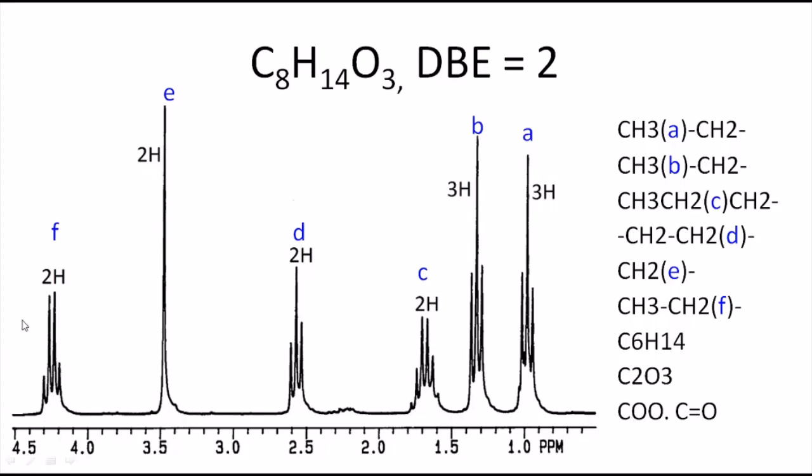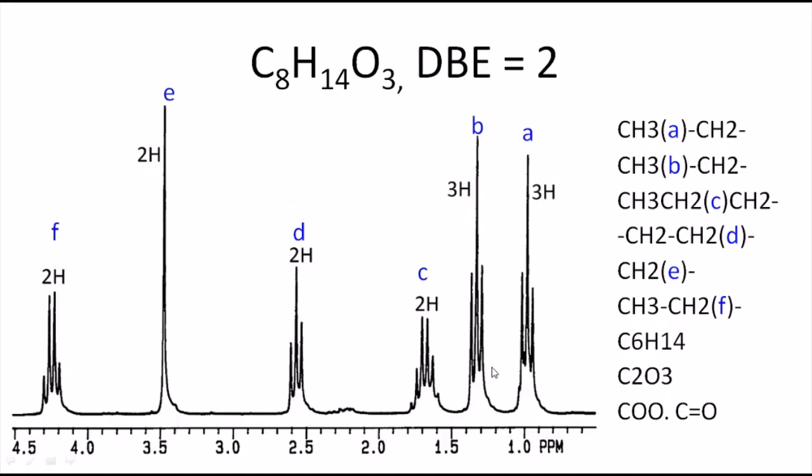Here if you consider another CH2 group, that is CH2F, which is a little higher, and that is directly connected to the oxygen of the ester group, and therefore it is evident that this CH2 has to be connected to the oxygen of the ester group, and the other CH2 has to be connected to the carbonyl group.